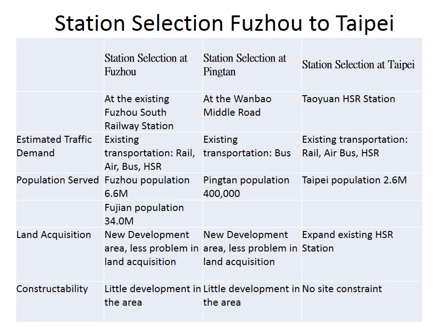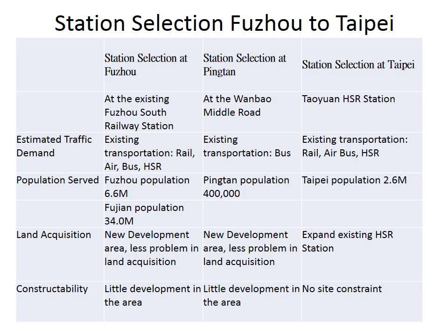This is a table summing up our station selection. As we can see, the estimated traffic demand for existing transportation from Fuzhou to Taipei is similar, using rail, air, buses, and the high-speed rail.